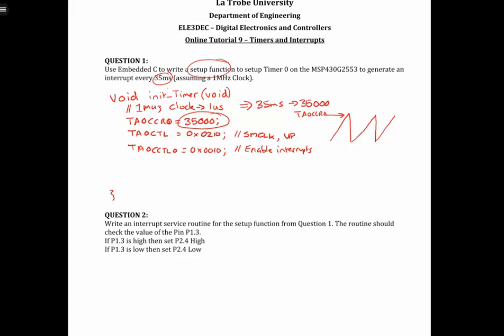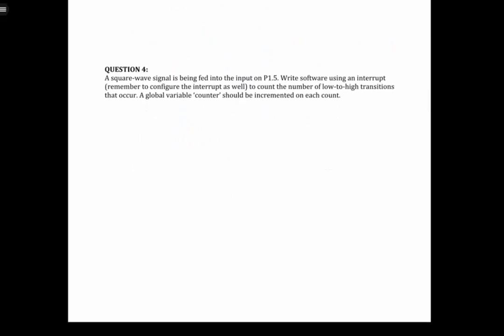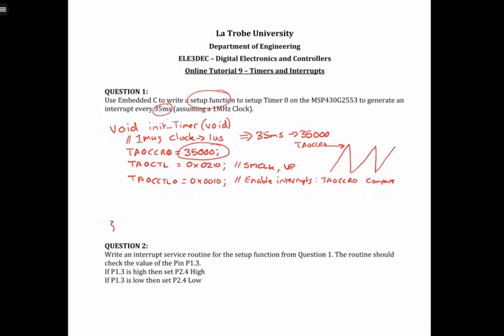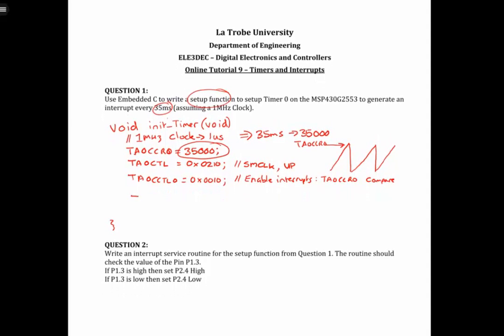So that will enable interrupts for the TA0CCR0 compare register. And the final thing we need to do is enable interrupts globally. So we say eint and we enable interrupts.